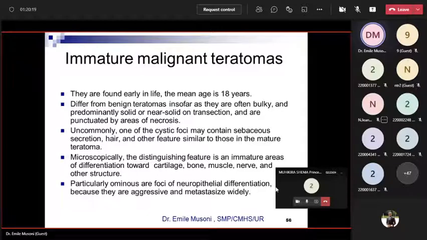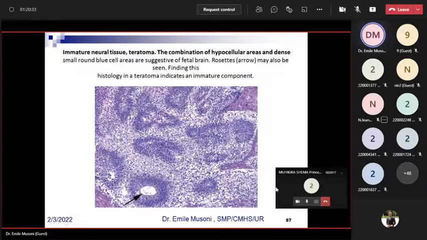So the difference is on the microscopic. The distinguishing feature is immature areas of differentiation toward cartilage, bone, muscle, nerve, and other structures. Even on the image, there is immature neural tissue, like this one. So this one is the immature teratoma.